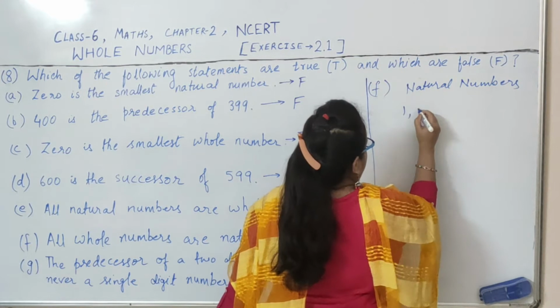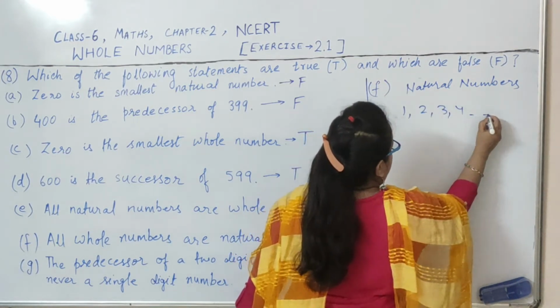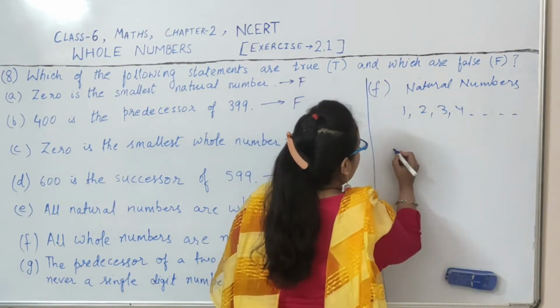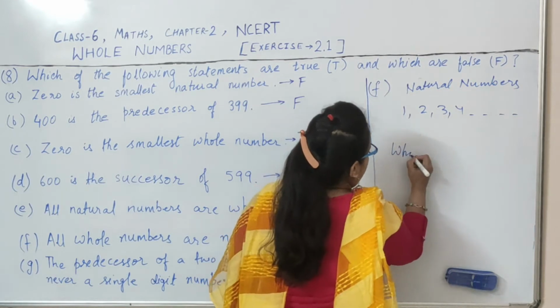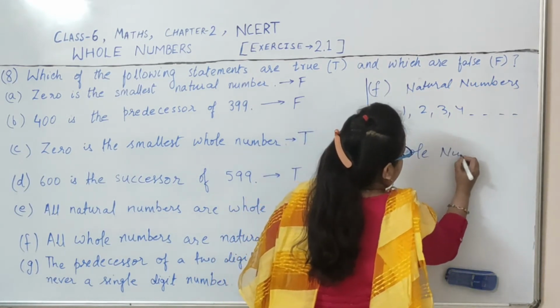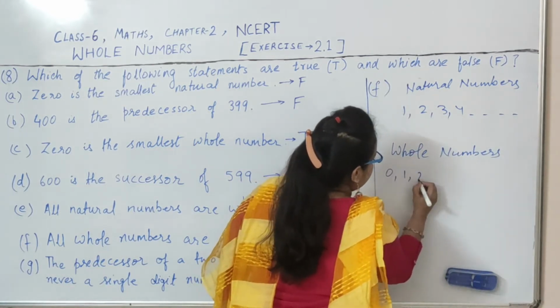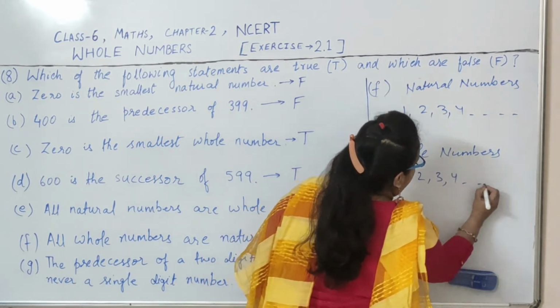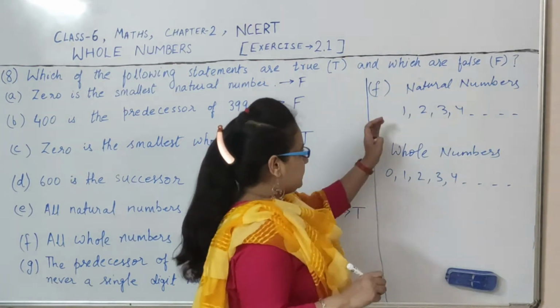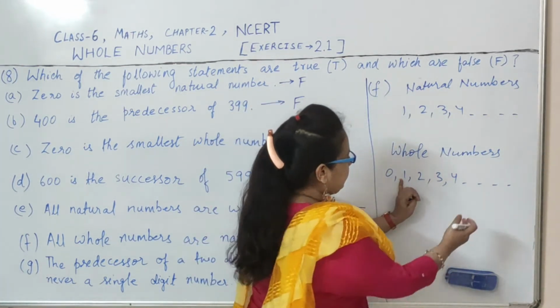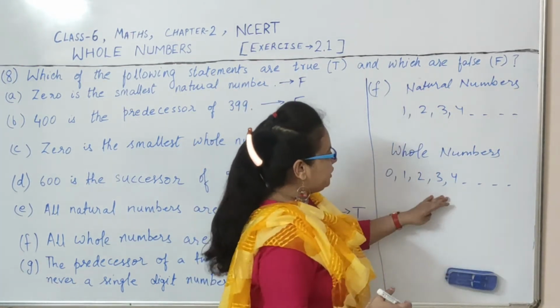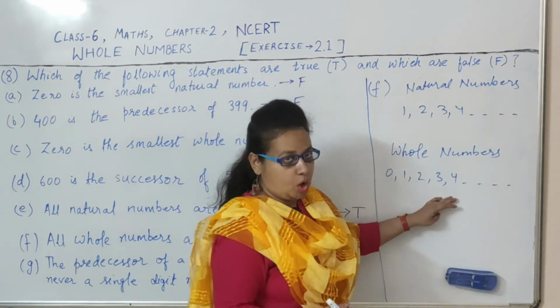Natural numbers are 1, 2, 3, 4 and so on. And what are whole numbers? Whole numbers are 0, 1, 2, 3, 4 and so on. So, see, all natural numbers are also there in whole numbers. So, all natural numbers are whole numbers also.